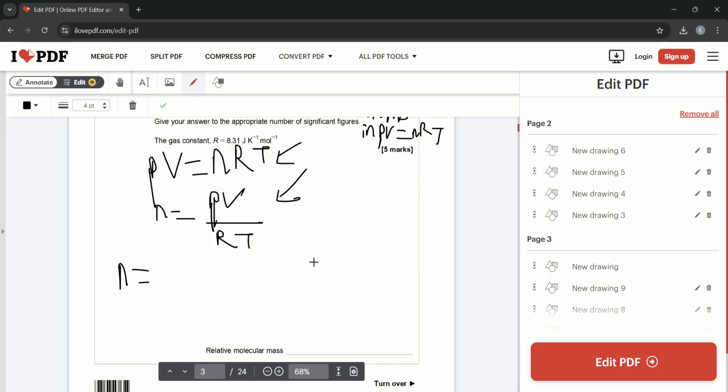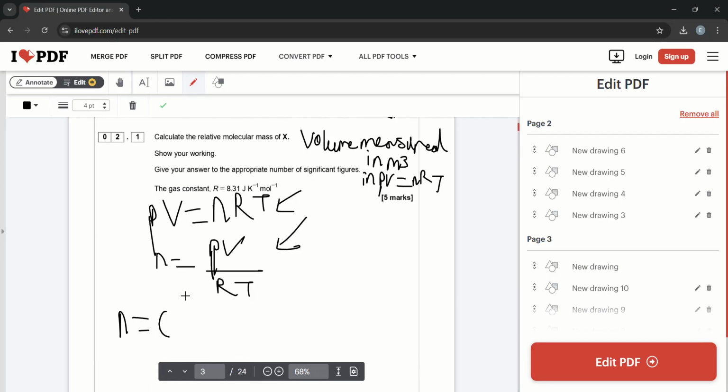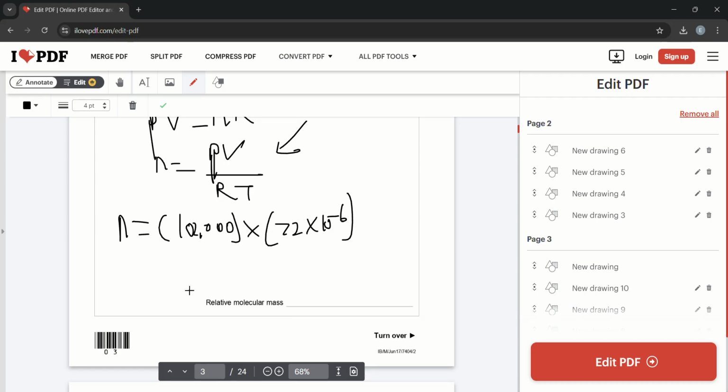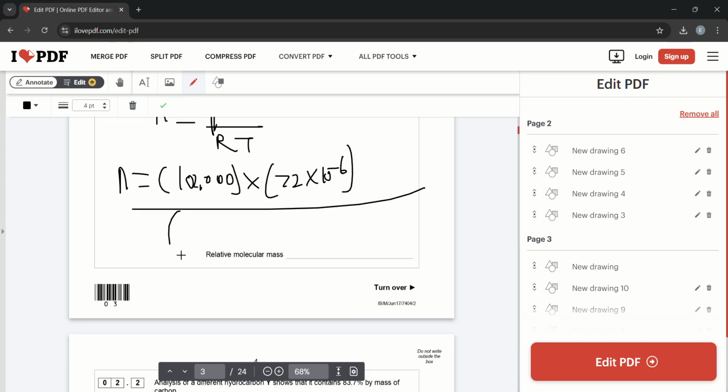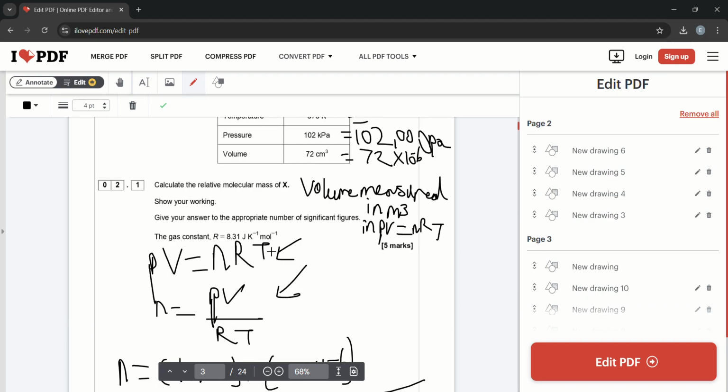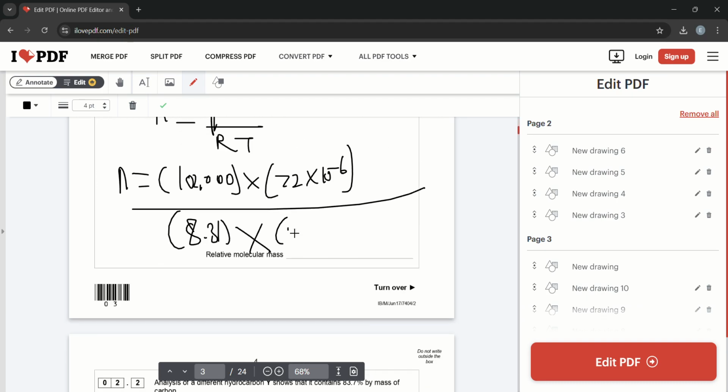So it's going to be pressure in pascals, 102,000, times volume, 72 times 10 to the power minus 6 because we want it in meters cubed, divided by R, which is 8.31, times the temperature, which is already in Kelvin, 373.